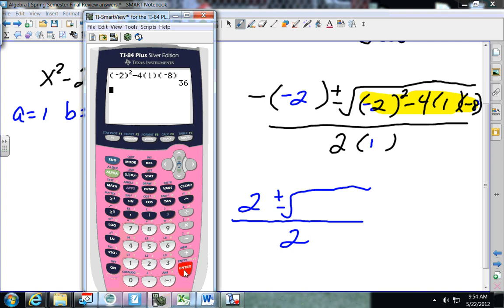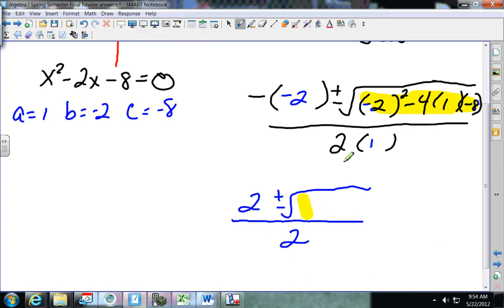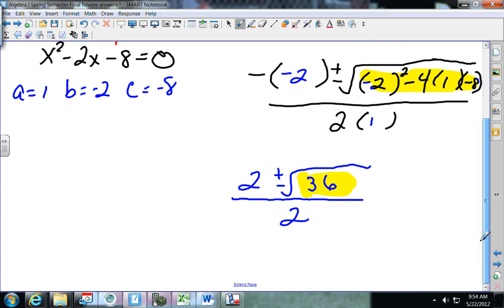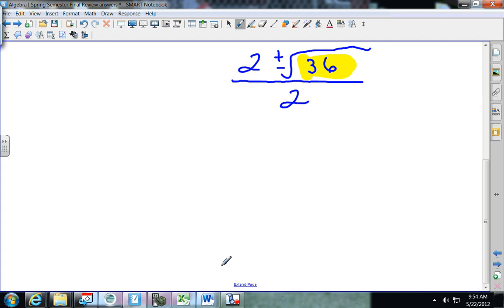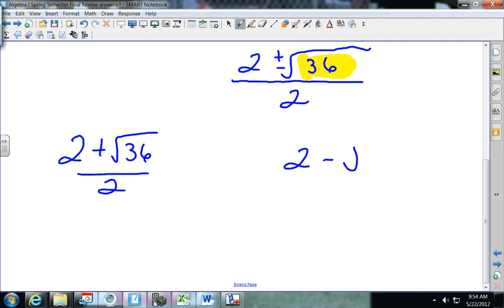Press enter. You get 36. Now, I'm going to have two roots. I'm going to have 2 plus the square root of 36 divided by 2, and 2 minus the square root of 36 divided by 2.